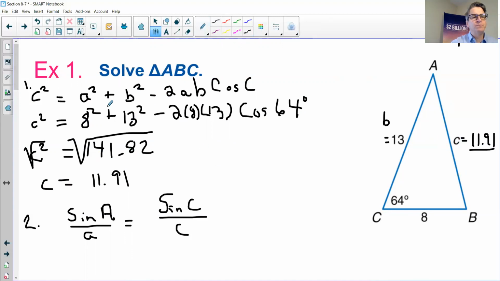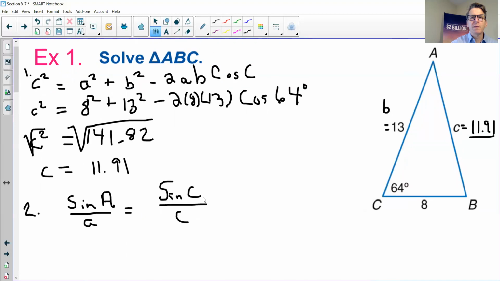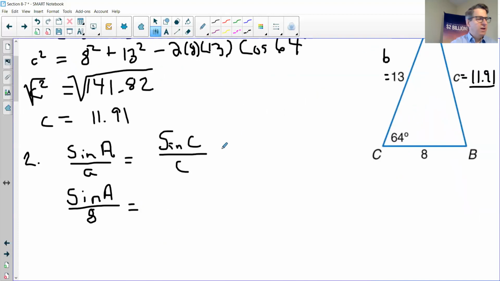Step 2. Using the law of sines now, let's input what we know. The sine of A divided by the side a, which is 8, is equal to the sine of 64 over 11.91.